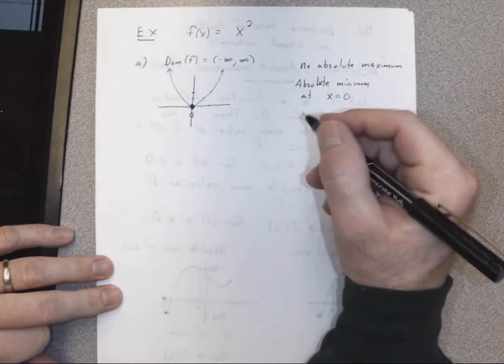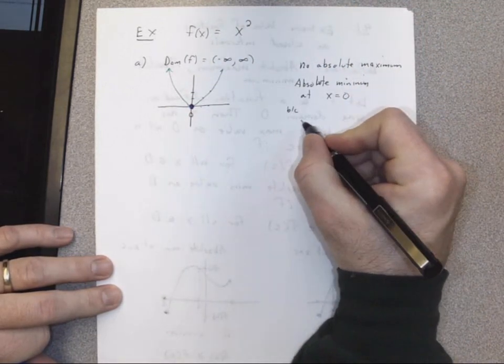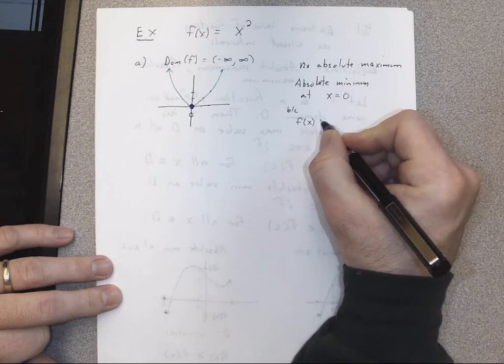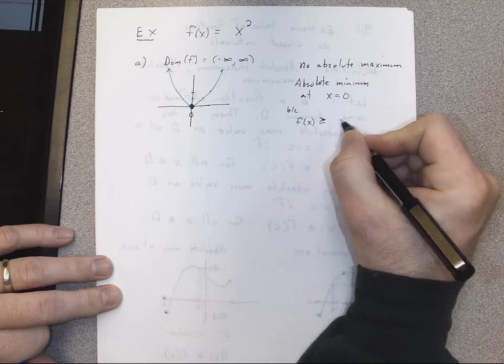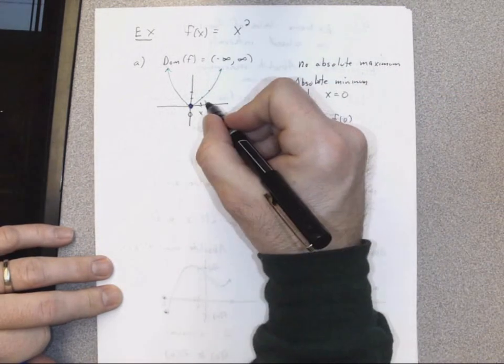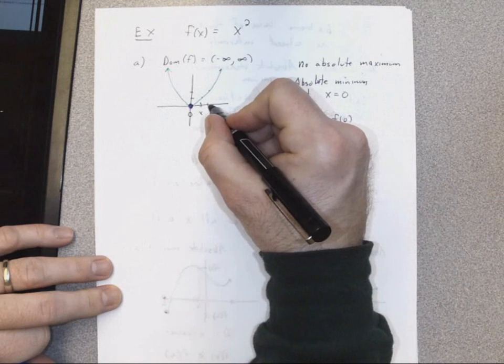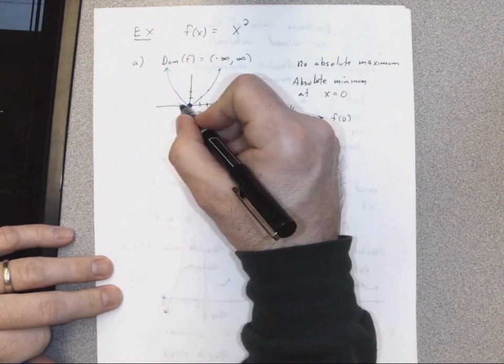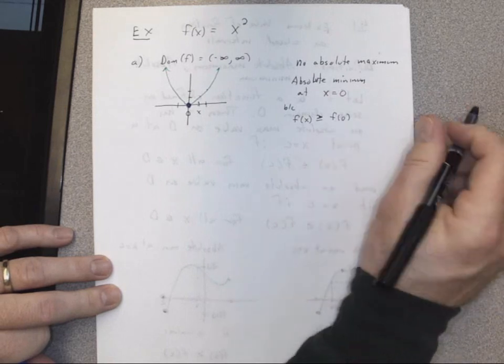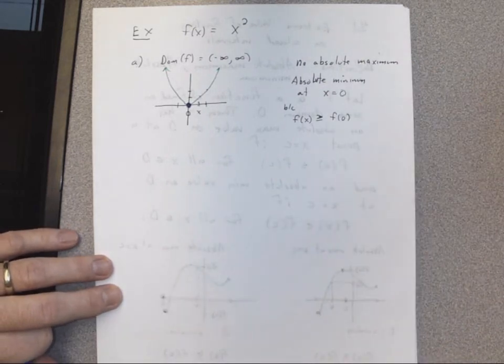I think it's kind of obvious, but this is because what we can see is that f of x is always going to be greater than or equal to f of 0 for all the other x's. Like if this x value is always going to have an output that's bigger. If I pick that one, this output's going to be bigger. If I pick this one, this output's going to be bigger. So the output of 0 is always going to be the smallest.